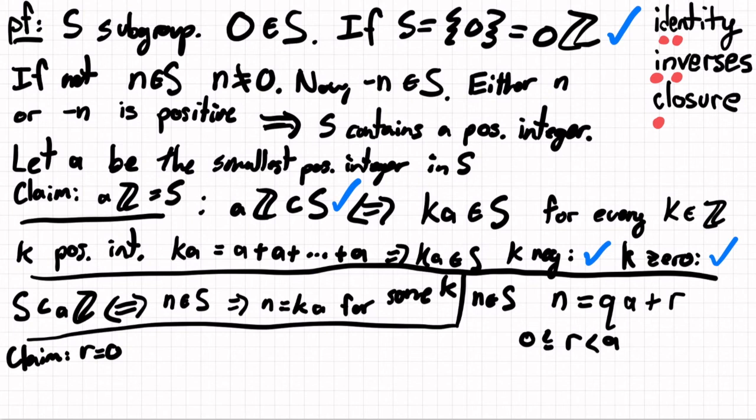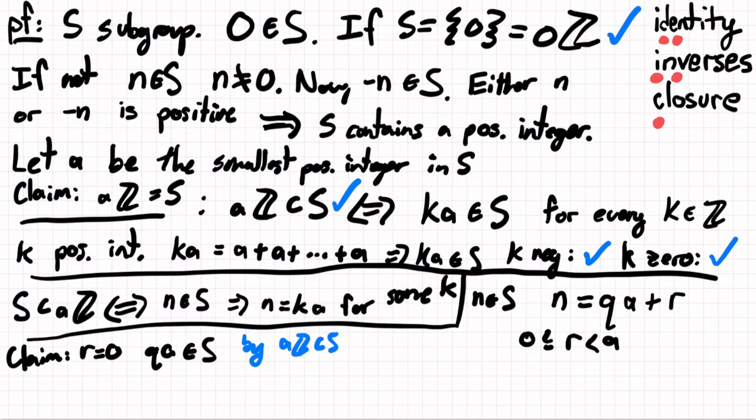So now I'm going to use the fact that we proved up here that AZ is contained in S. So in particular, qa is in S by the fact that AZ is in S.